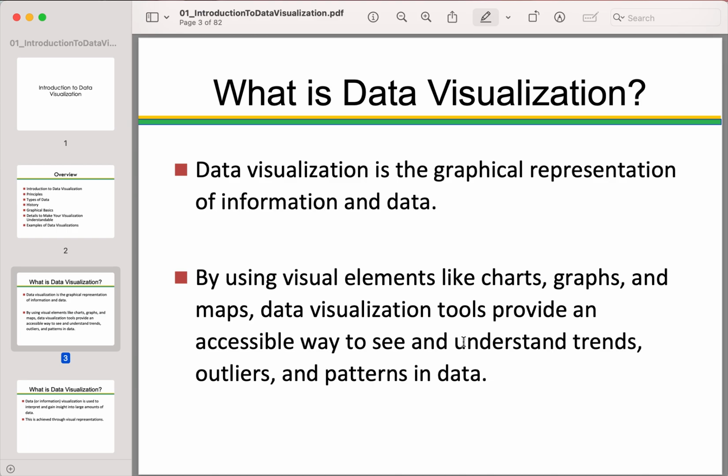So what is data visualization and why do we care about it? First of all, let's talk about data itself. So what is data? Data is a collection of facts that organizations would collect either to conduct their business or to store information about their customers, about their products.